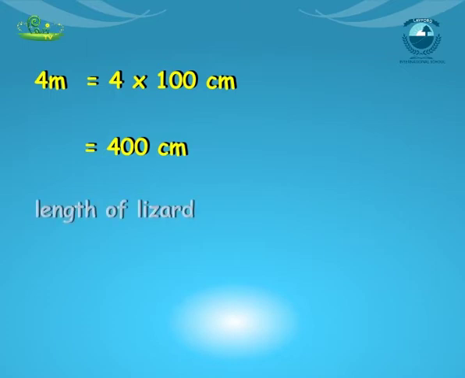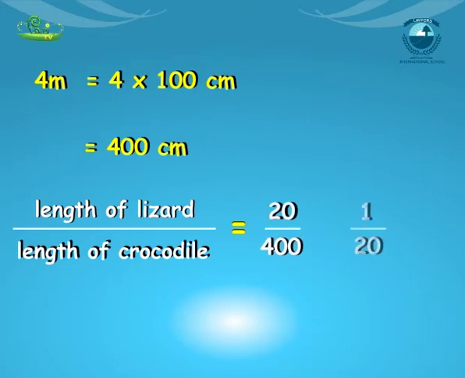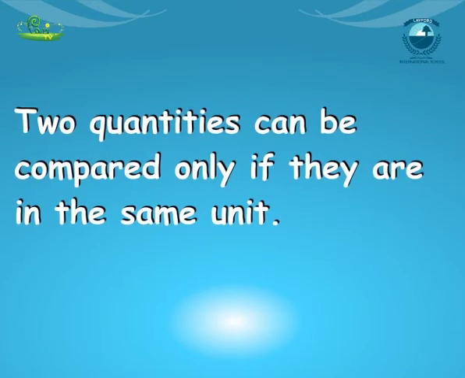Now, length of lizard divided by length of crocodile is equal to 20 divided by 400 is equal to 1 divided by 20. Thus, the ratio of the length of a lizard to the length of a crocodile is 1:20. So, two quantities can be compared only if they are in the same unit.